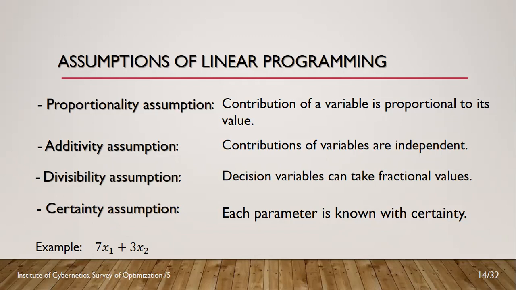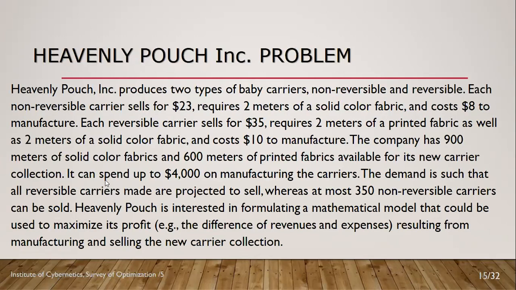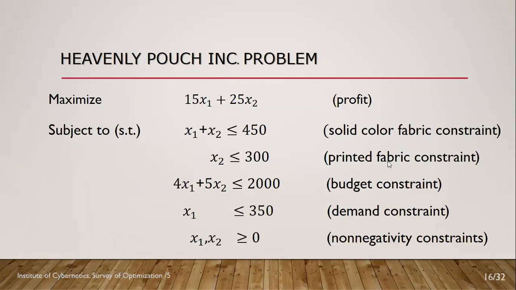So let's consider the problem which we introduced in the second lecture, and we have been working on since the beginning of the course. But this time we will solve it graphically. I will skip the text and rather explain it using the originally formulated model.